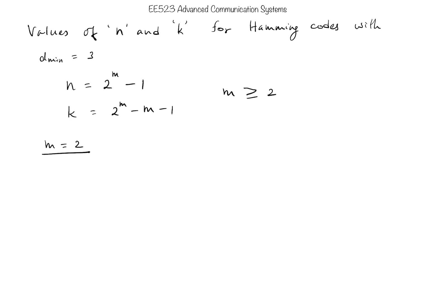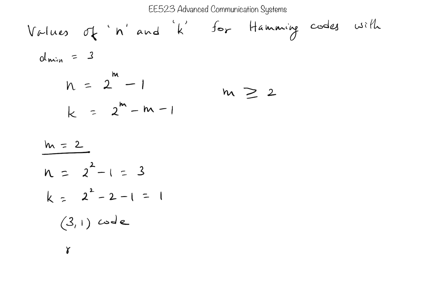For m equal to 2, we get n is equal to 2 power 2 minus 1, which is 3, and k is equal to 2 power 2 minus 2 minus 1, which is 4 minus 2 is 2, minus 1 is 1. So we get a 3-1 code, a 3-1 Hamming code.